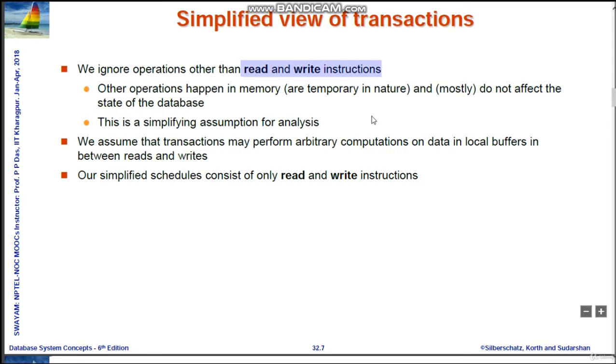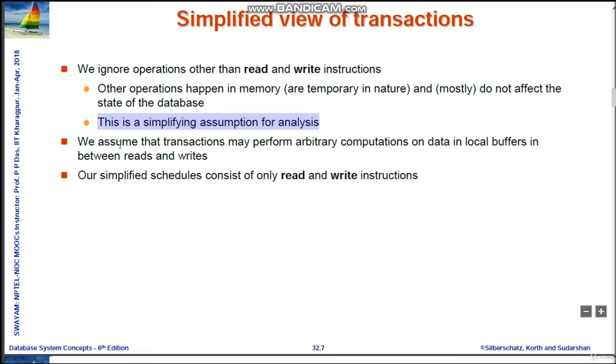So what happens in our main memory will not affect the state of the database. This is a simplifying assumption for analysis. By applying this assumption, we can do the analysis much more easily, because we are removing all the unimportant things.